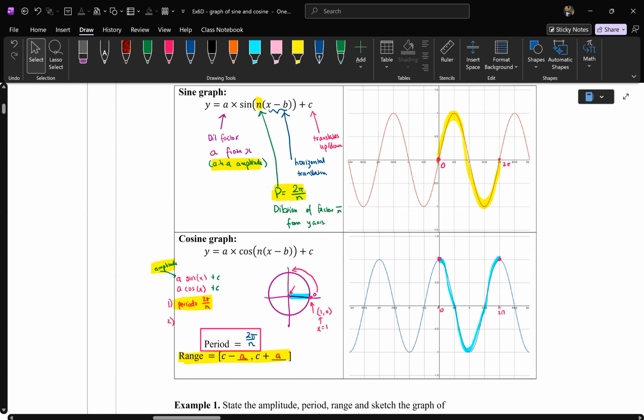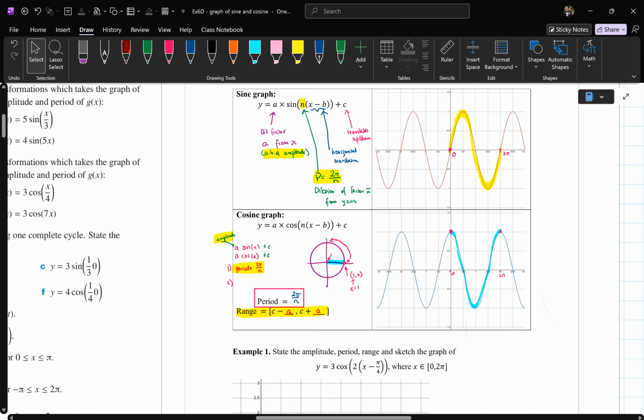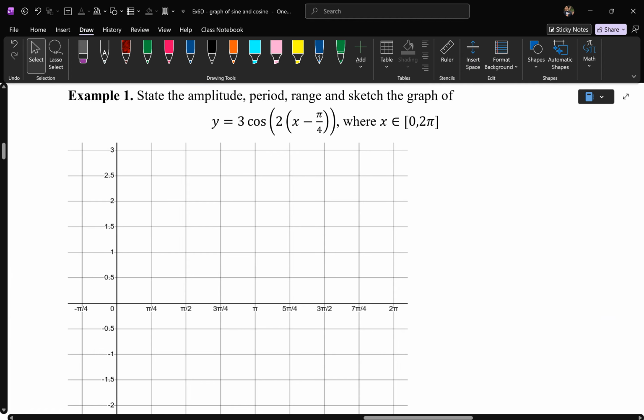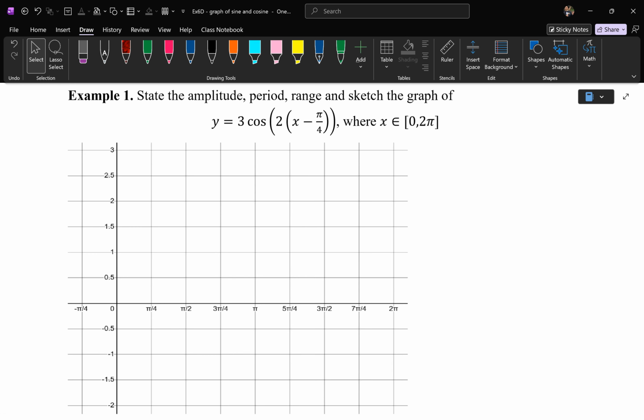Okay. Let's do an example that you will start practicing at 12. It is a lot faster than year 11, so we're jumping right into it. Here's an example. Let's see if you guys can see the amplitude. Work out the period. And the range should be pretty straightforward as well.